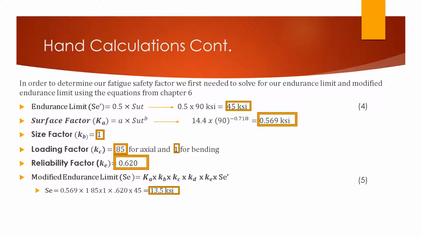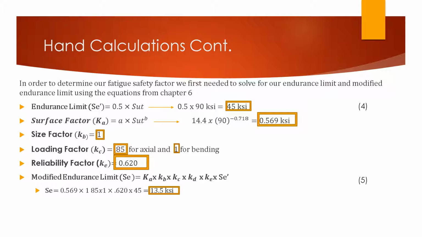Then solving for a surface factor Ka, which equals constant a times ultimate tensile strength to the power of constant b, and constants a and b could be found on the table for hot rolled steel, which were 14.4 and negative 0.718. Applying those to the equation, we get a surface factor of 0.569.